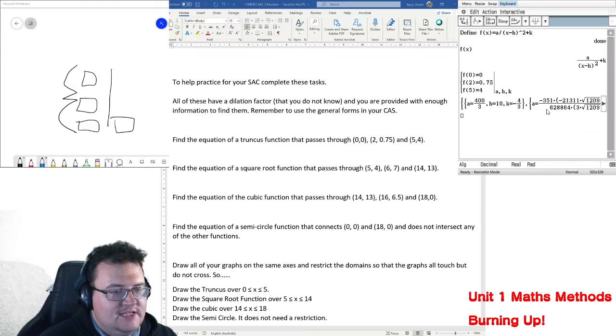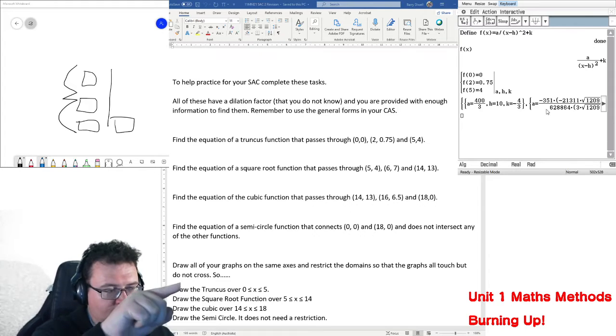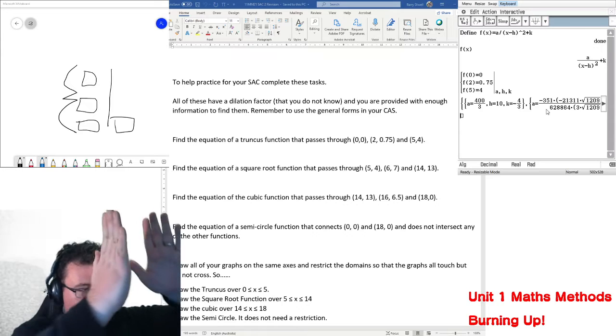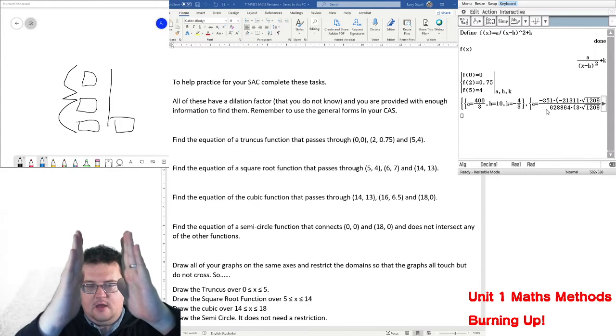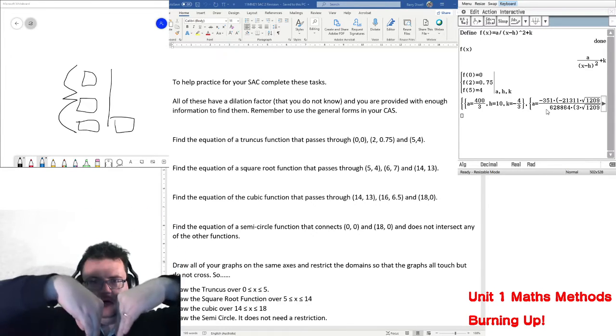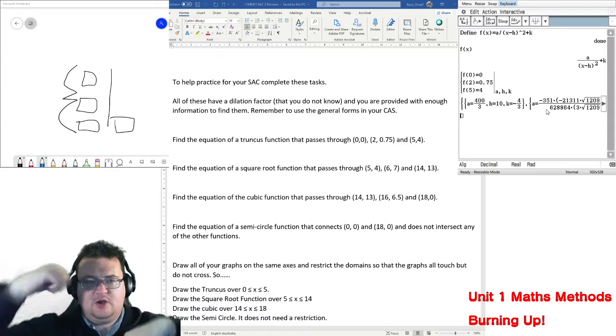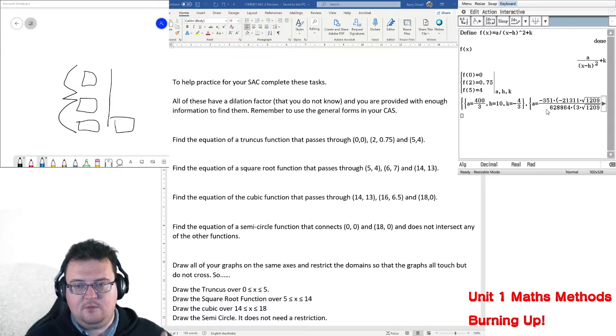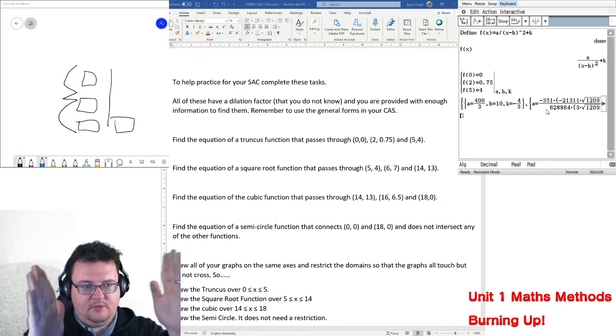So that means that one of my truncuses is going to be nice and tree trunk like that. The other one is going to be like that. Now, because we want a roller coaster, we want to start with a ramp, so we want the positive one.